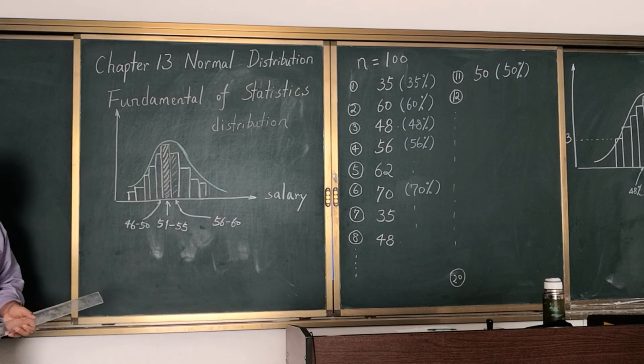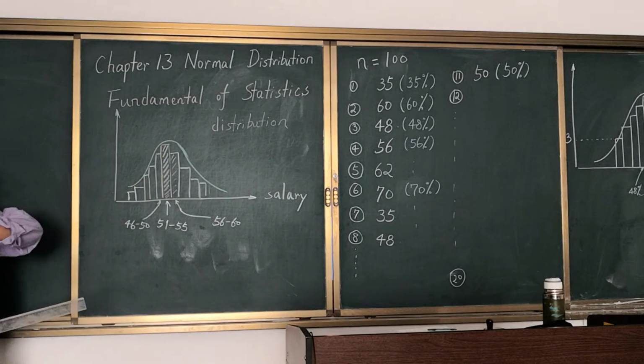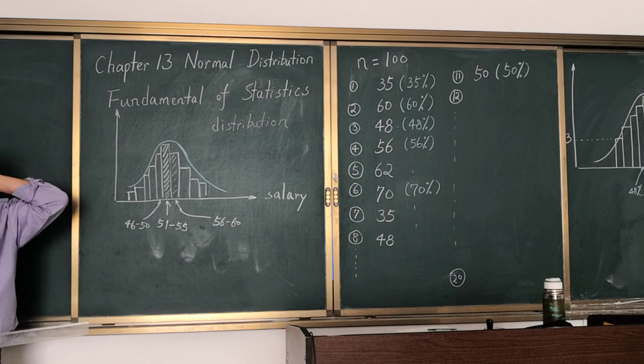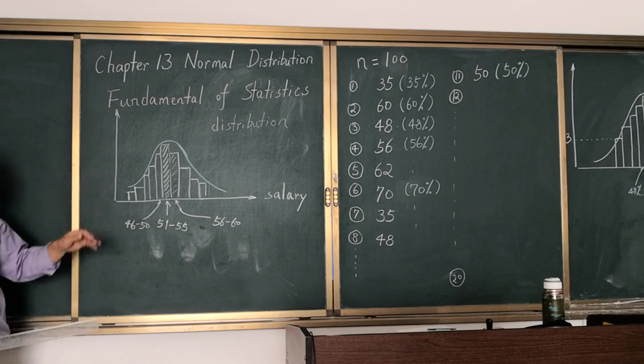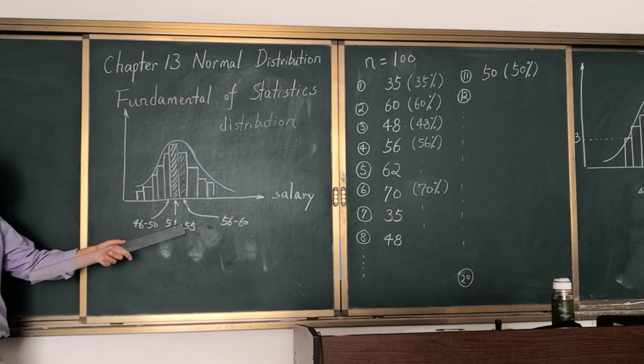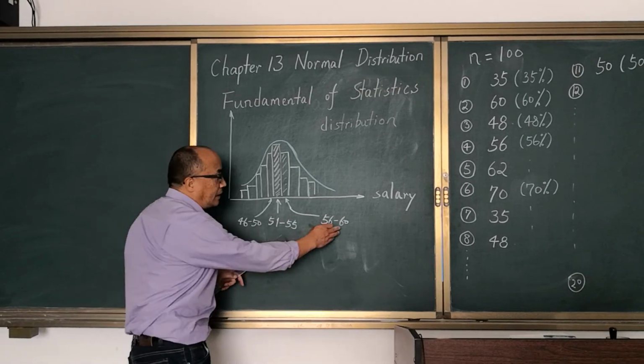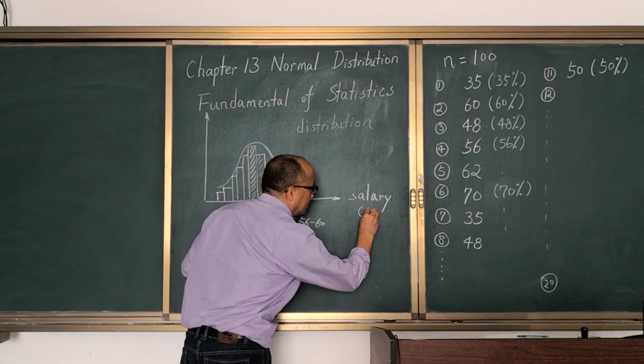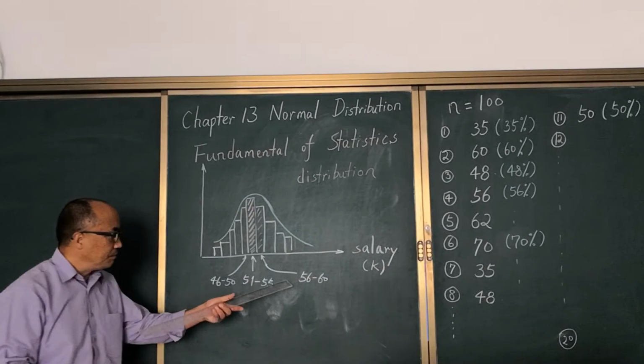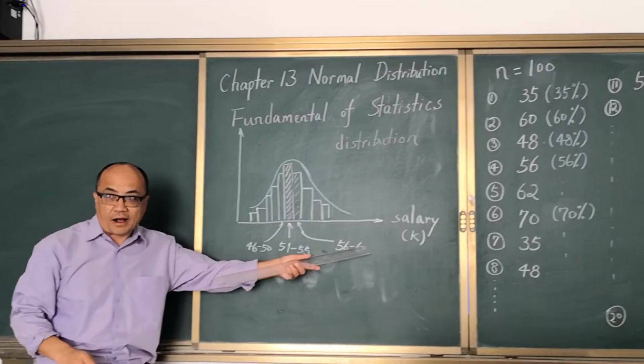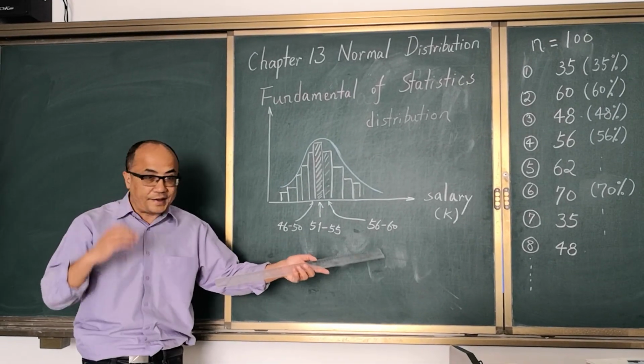Let's say in Kunming, all the people's salary, and the unit maybe is K. Maybe this is 60,000 for 1 year.